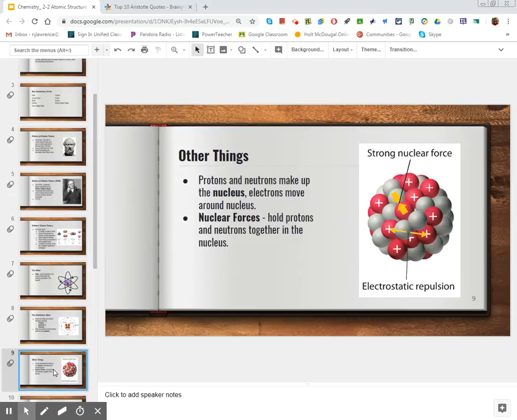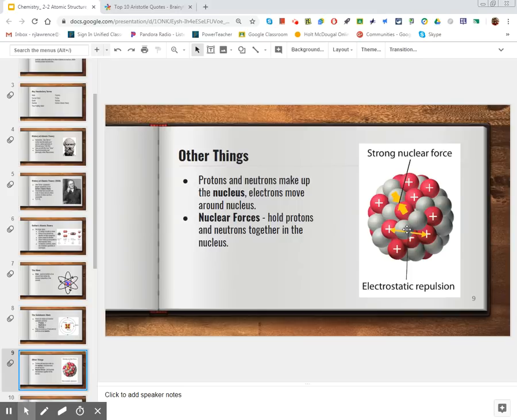So what else do we see here? Well, we also see that these protons and neutrons exist in the nucleus. And in that nucleus, they are held together by what's called the strong nuclear force. And we have these things called neutrons in there, which have no charge, but they act as a buffer.